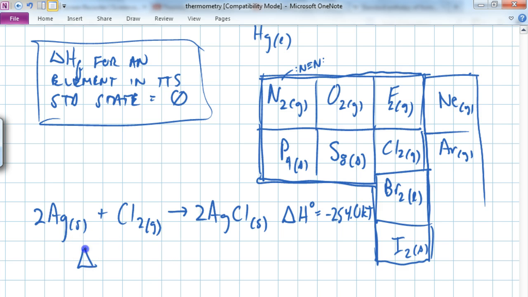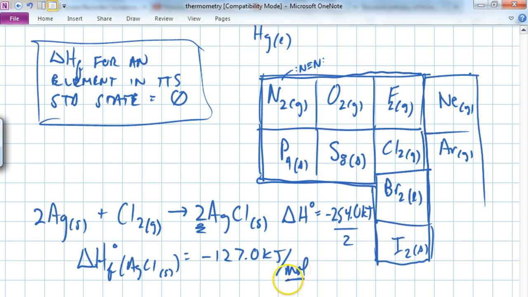That means that delta H of formation for silver chloride is negative 127.0 kilojoules, which is 1/2 of that. Why 1/2? Because that negative 254 was for 2 moles, and this is kilojoules per mole when we write the heat of formation.